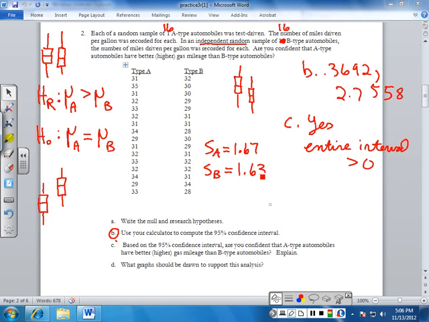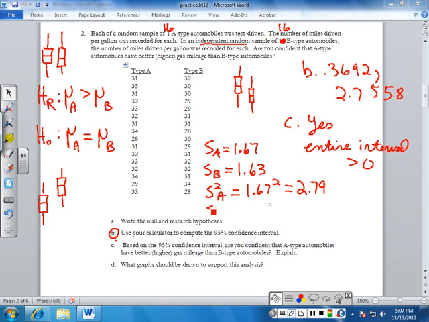Now I want to know if I'm going to pool or not. I would need to square those. Okay, so S squared A is equal to 1.67 squared. Just 2.79 about.